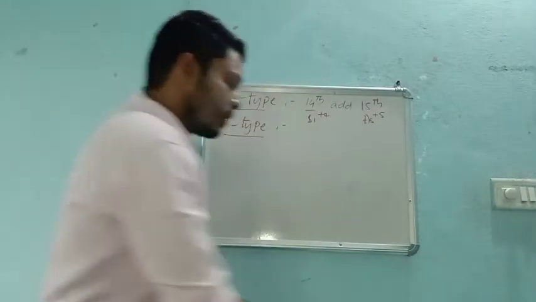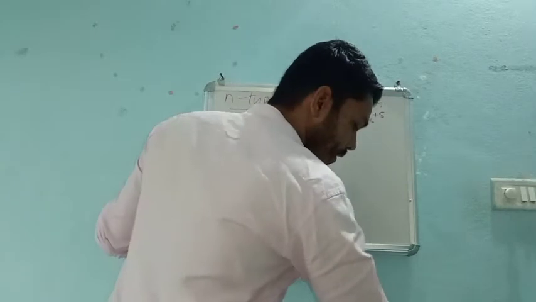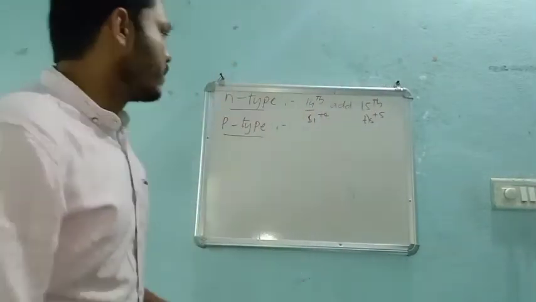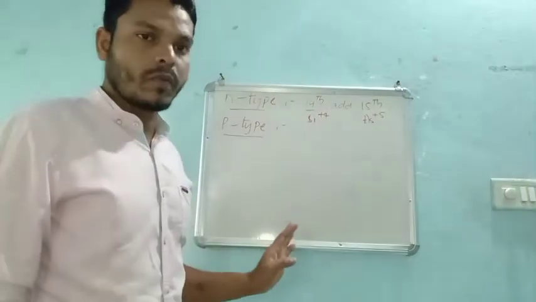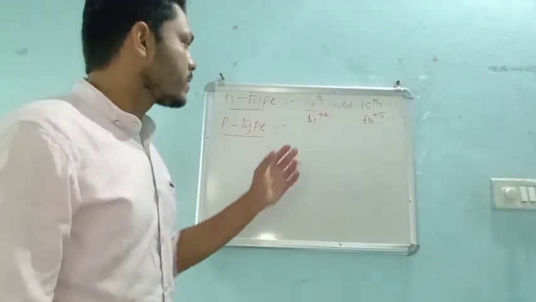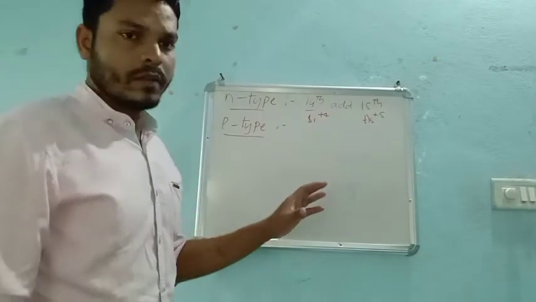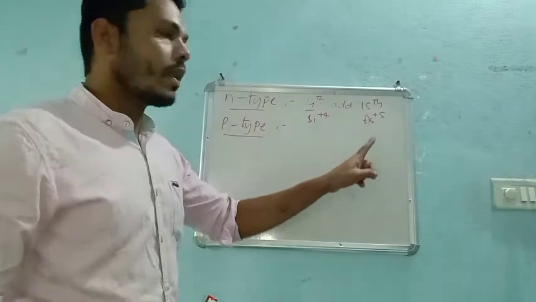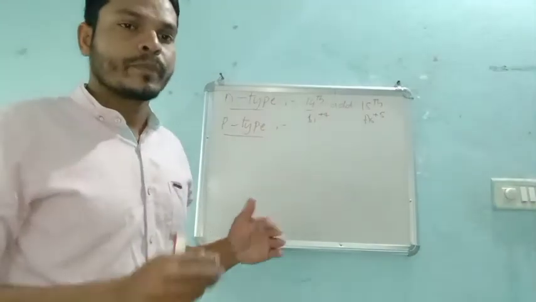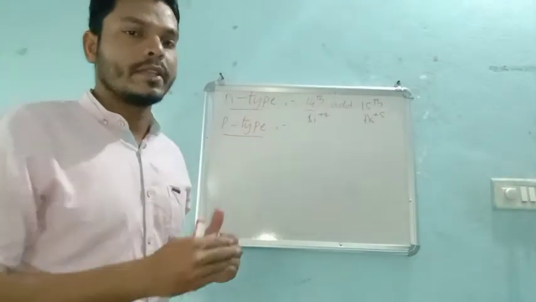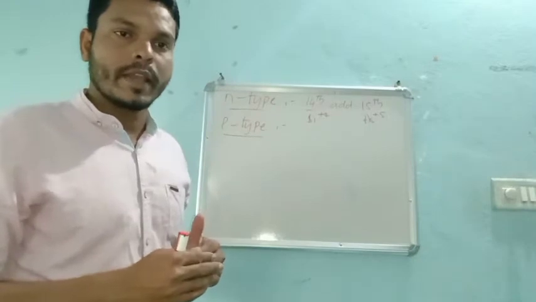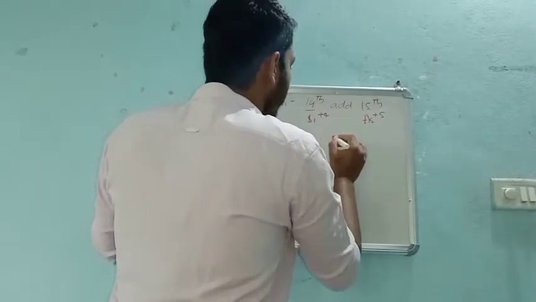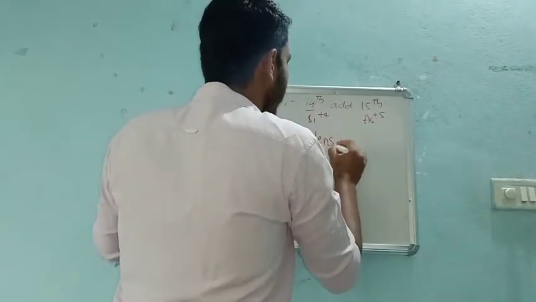Now when we add the extra electron, the conductivity increases. We require only 4 around each silicon, but we have added an extra electron, so the number of electrons increases. If the number of electrons increases, then definitely the density in N type increases.